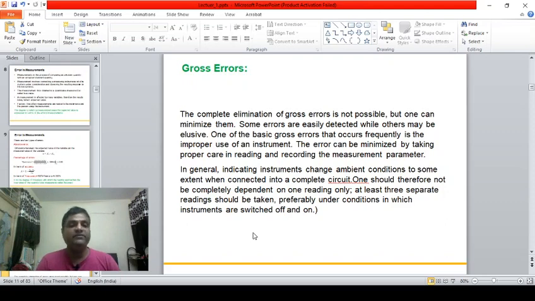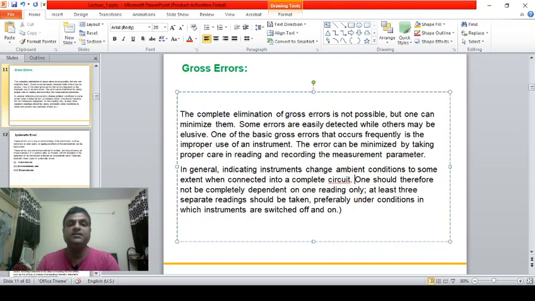It means when we are going to use a particular instrument, first we adjust the instrument properly and check all its parameters. Then if you take any reading, read it properly and in a very attentive way. Similarly, if you record a reading, record it in a very proper manner.